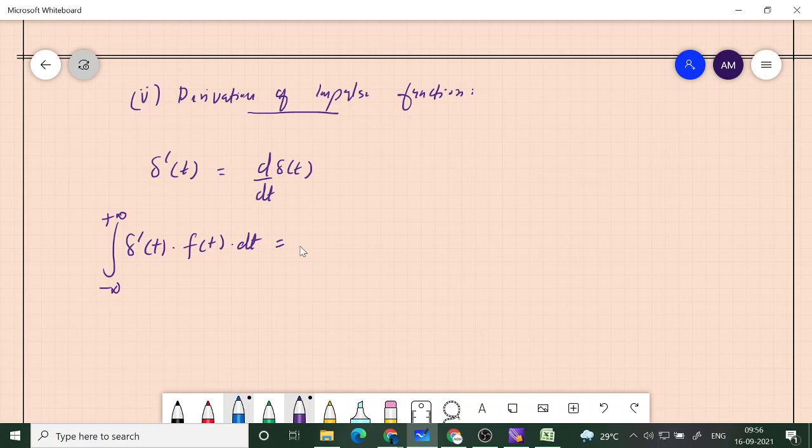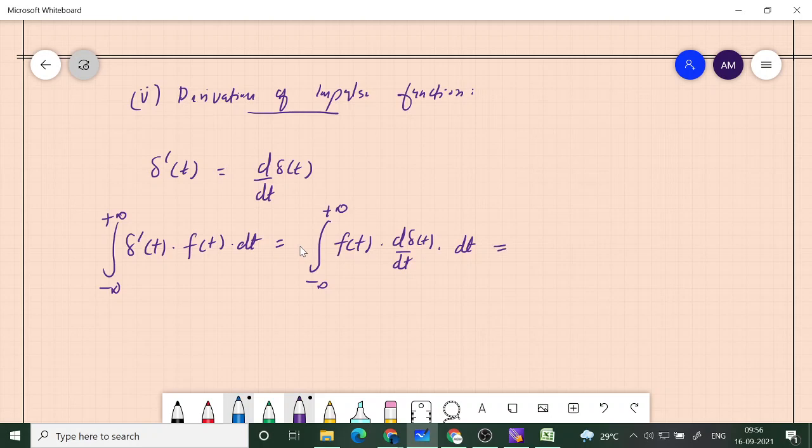But what does the derivative of delta of t do? So this is our problem, and you can rewrite this problem like this: f of t into d by dt of delta of t dt. This is just a rewriting of our original expression.